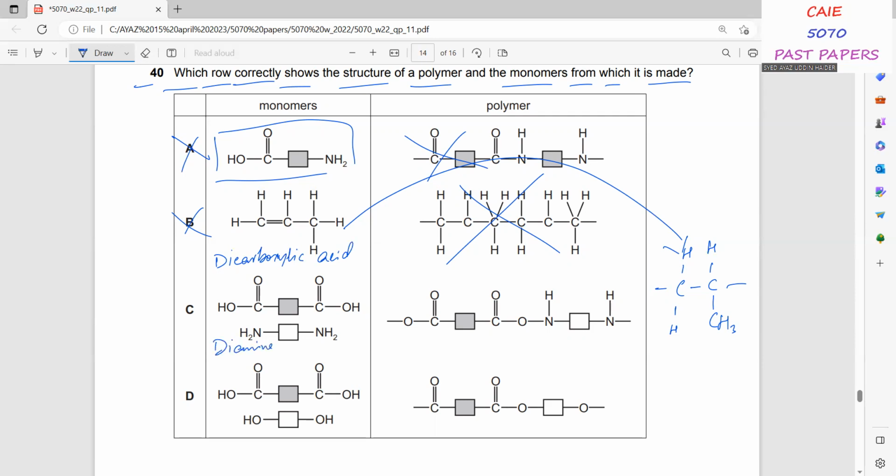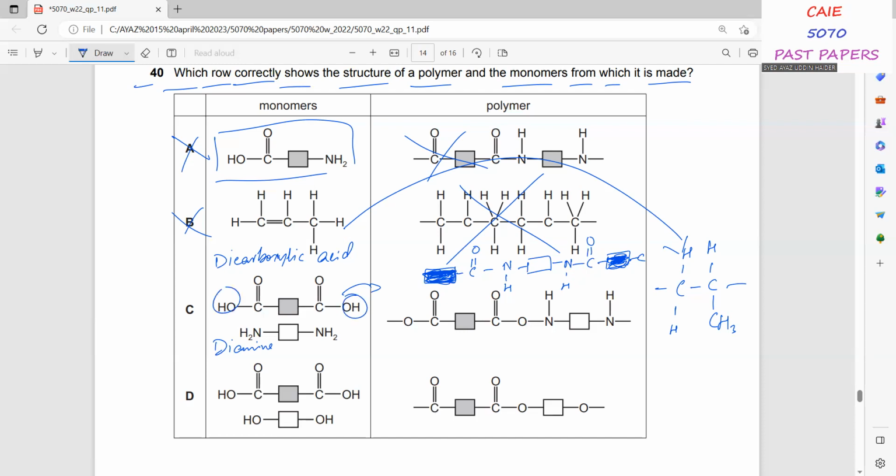If both of these react, they will form a polymer with C double bond O and NH as their functional group or linkage, which means you will get this: C double bond O, NH, again you have NH and C double bond O. This is an example of condensation polymerization, which involves the loss of water molecules.